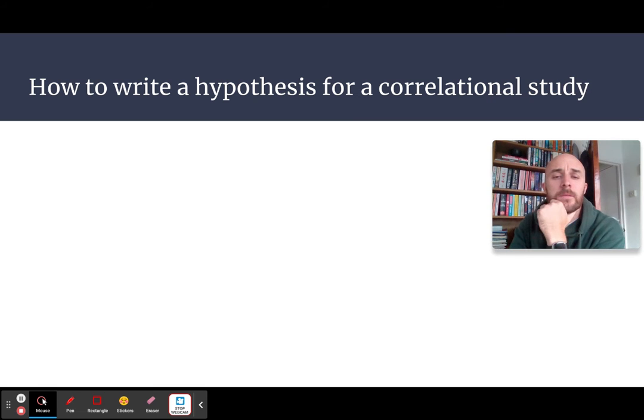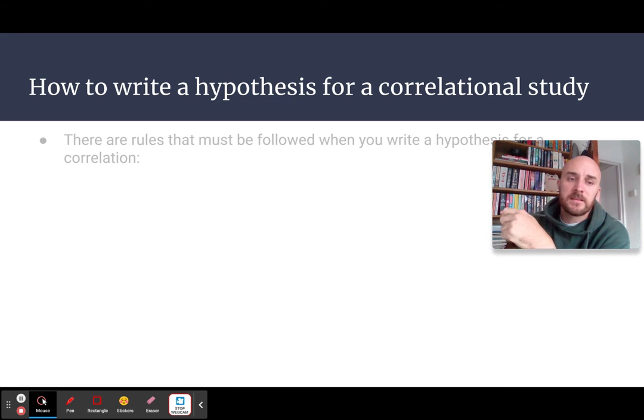What I want to go into in a bit more detail is writing a correlational hypothesis. So if you're not particularly strong on hypotheses, you may want to go back to my video where I explained about hypotheses, or go back to the slides or my Google site, for example, or your teacher's Google site. But basically, you do need to know how to write a hypothesis.